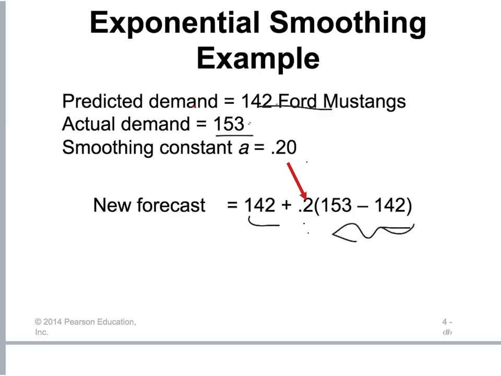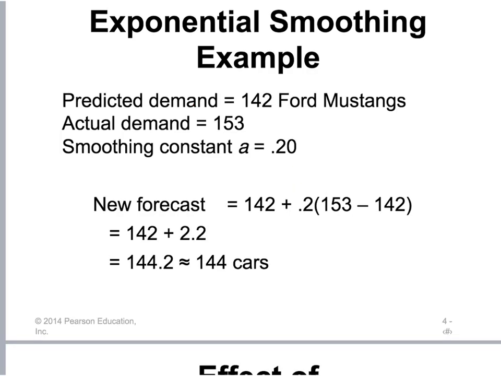This portion here, the 153 minus the 142, is also considered the error for the last period. So to get the new forecast, it's the prior period's forecast plus alpha times the forecast error. And here we get it, 142 plus 2.2 to give us 144 cars.